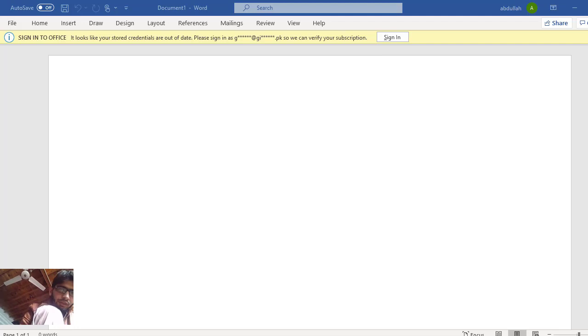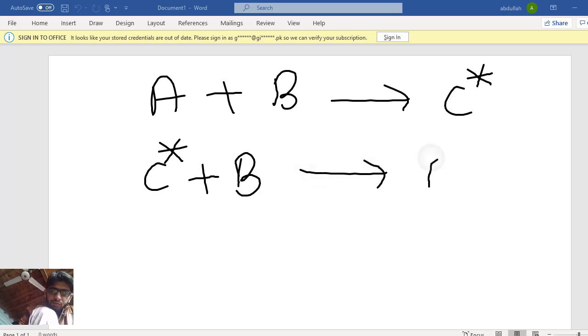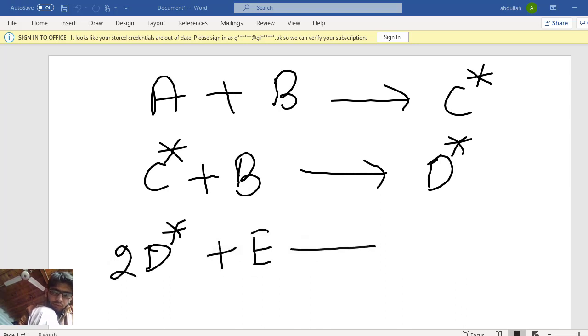Suppose we have a reaction in which A is converted into C, and the C reacts with B to form D. Now 2D to E and F. So what is the molecularity of this reaction?